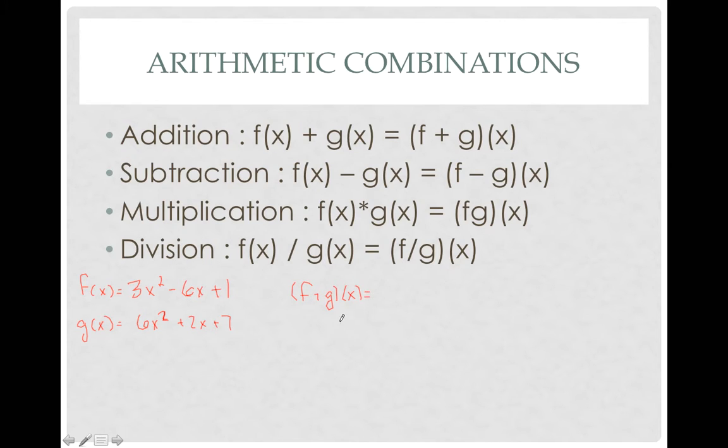And what you need to know is this represents the sum of the two functions. So we would have 3x squared minus 6x plus 1. And we would subtract, or sorry, add, because we're adding here, 6x squared plus 2x plus 7.